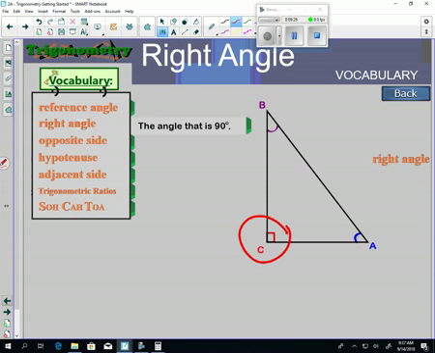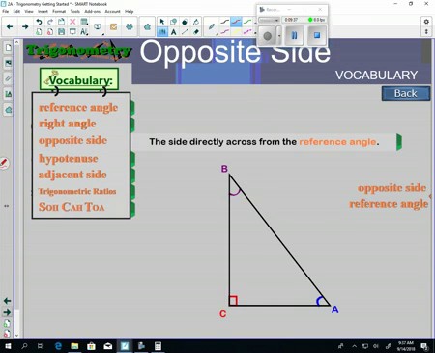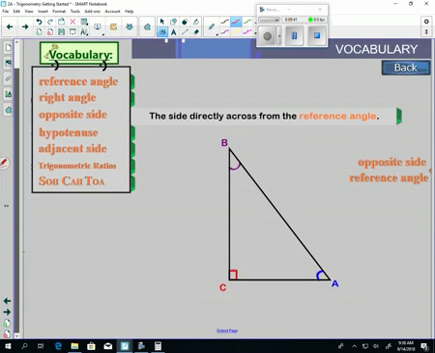Now, the other words we need to know are opposite side, hypotenuse, and adjacent sides. So let's look at the first one, the opposite side. In a triangle, we're going to have three angles. We label the angles with uppercase letters, the capital letters. So this is reference angle A, angle B, and angle C.